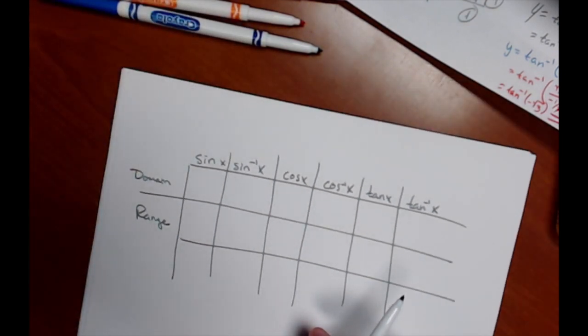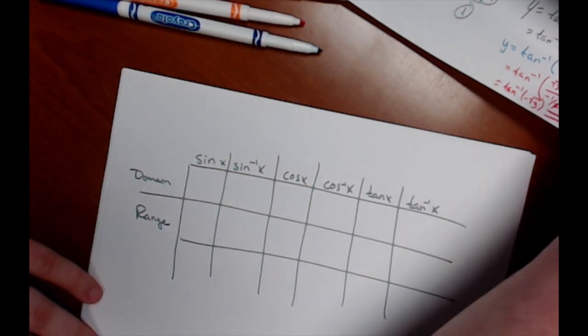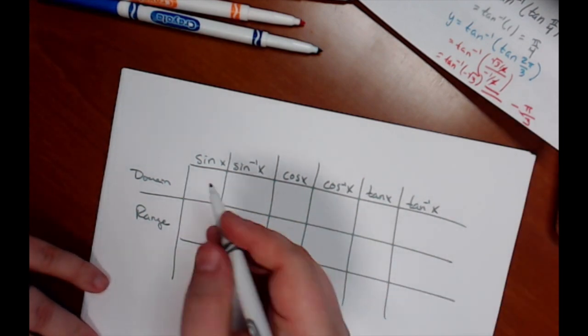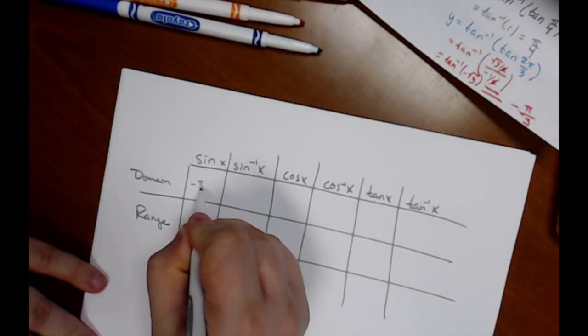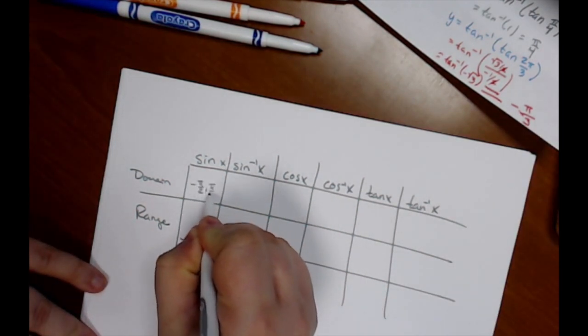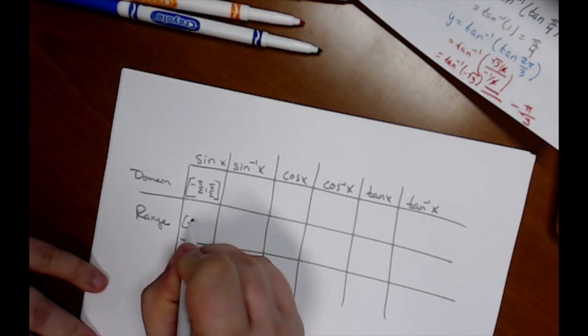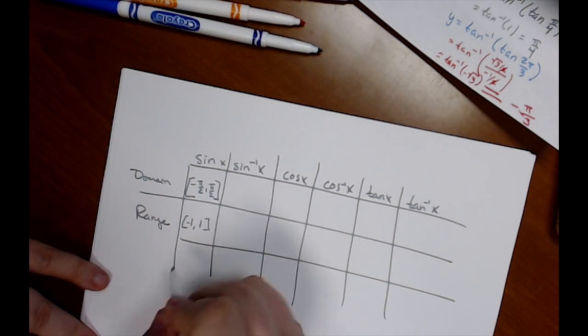And so for sine, we restricted ourselves to be where? We restricted it to be between negative pi over 2 and pi over 2. And we could include those points. And its range was negative 1 to 1.